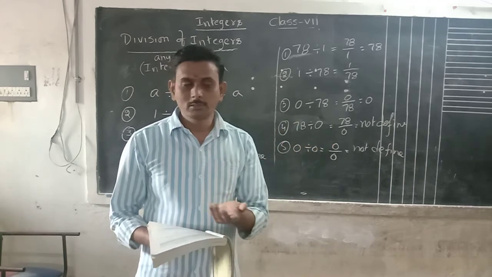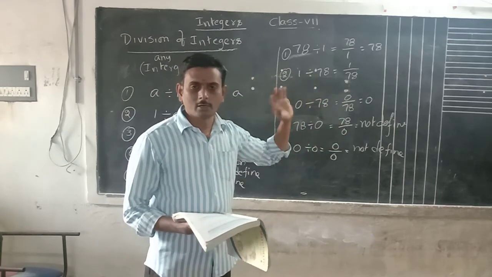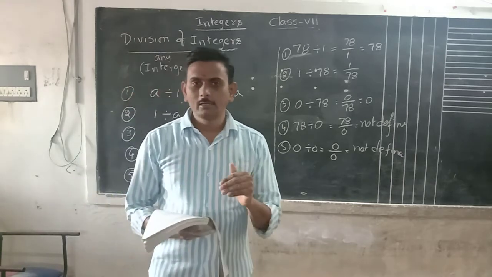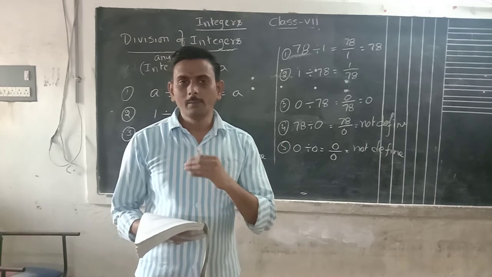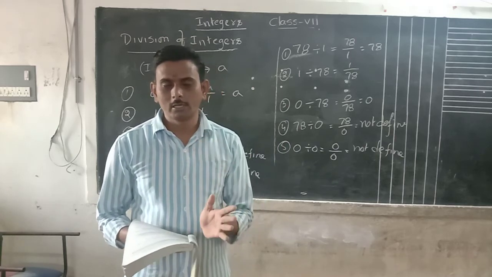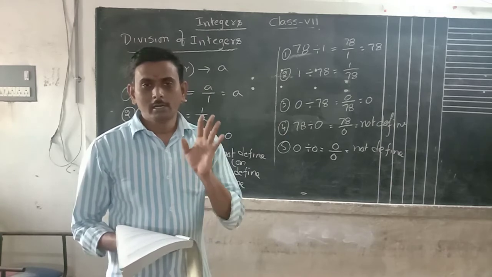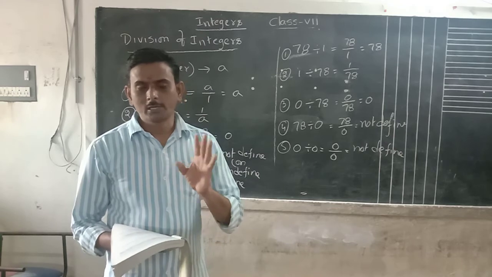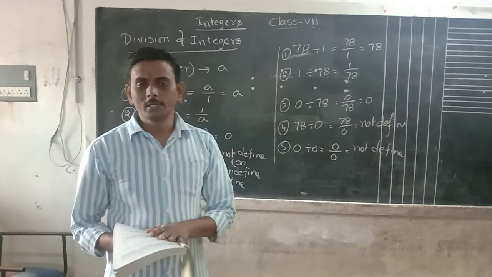But if you use the division symbol, we will get the denominator, sometimes yes, sometimes no. So integers will not follow any property related to the division. What is the important point here? You have to remember, integers will not follow any of the 5 properties by using the division sign.